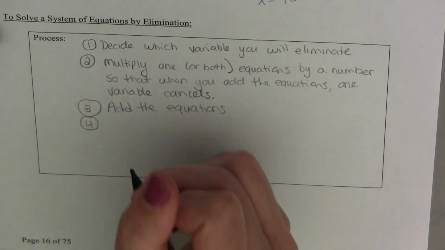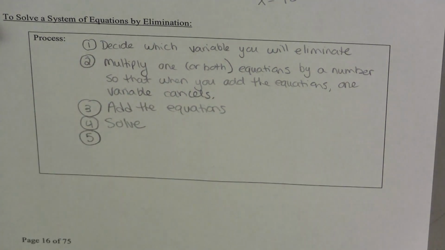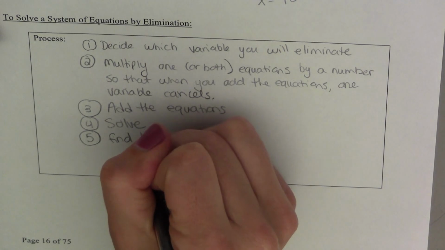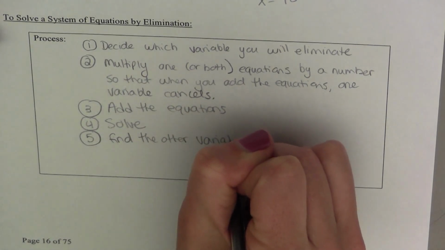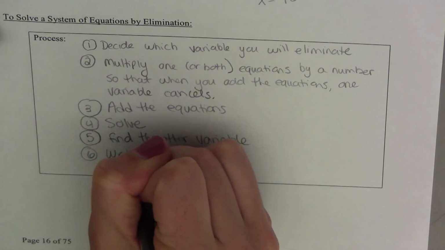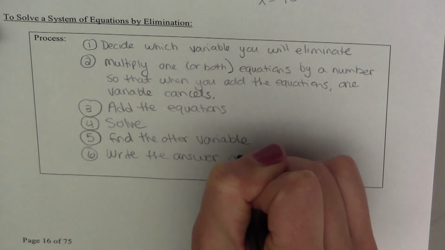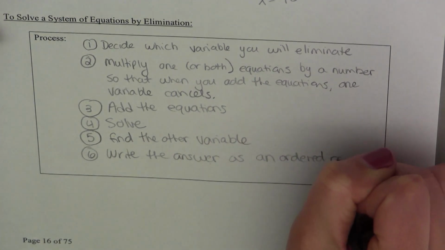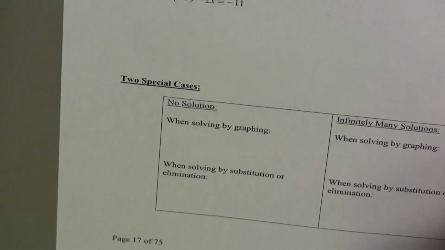Step 4 is going to be to solve. Step 5 is going to be to find the other variable. And then step 6, we want to remember to write the answer as an ordered pair. So let's move into 3 examples now.